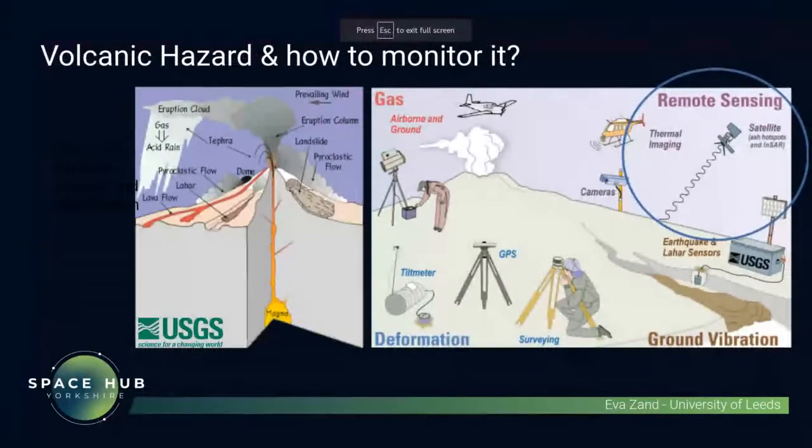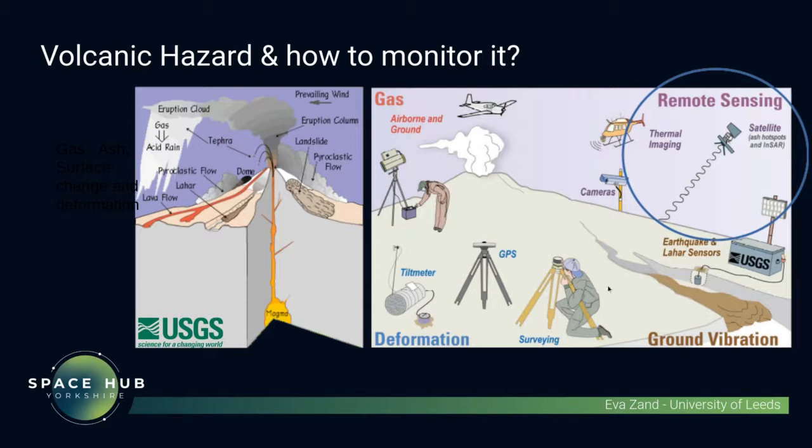So if we want to use satellites for volcano monitoring, we firstly need to consider what hazards there actually are and what kind of monitoring we could use in order to observe them.